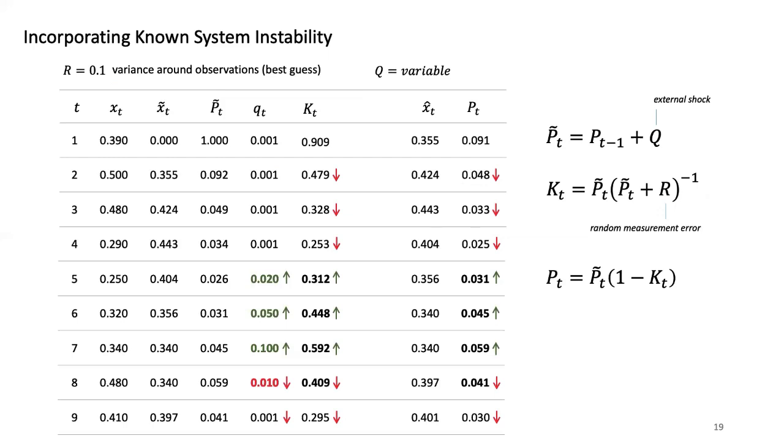And then it went back to the low shock value of 0.001 again in 9 and 10.